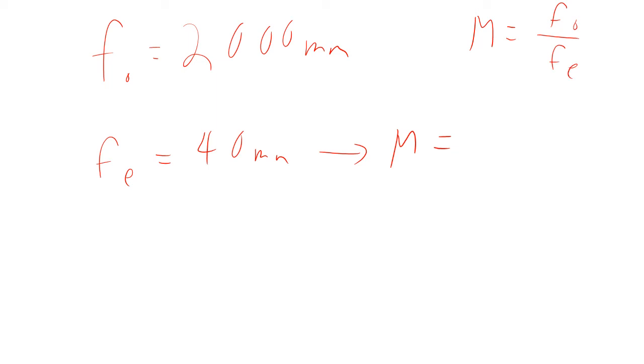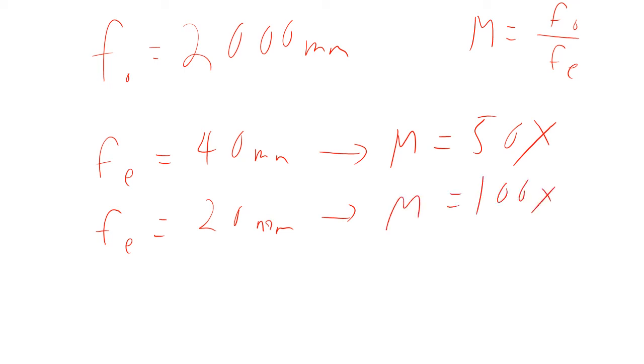With a 40 millimeter eyepiece, the magnification is 50 power. If your eyepiece is 20 millimeters, the magnification is 100 power. If your eyepiece is 10 millimeters, the magnification is 200 power. That's all there is to it for astronomical telescopes.